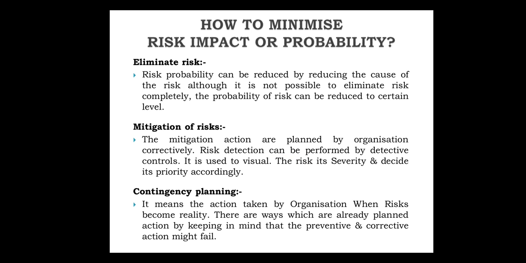Next is how to minimize the risk impact or probability. First one is eliminating the risk. A risk probability can be reduced by reducing the cause of the risk. Although it is not possible to eliminate the risk completely, the probability of the risk can be reduced to a certain level.